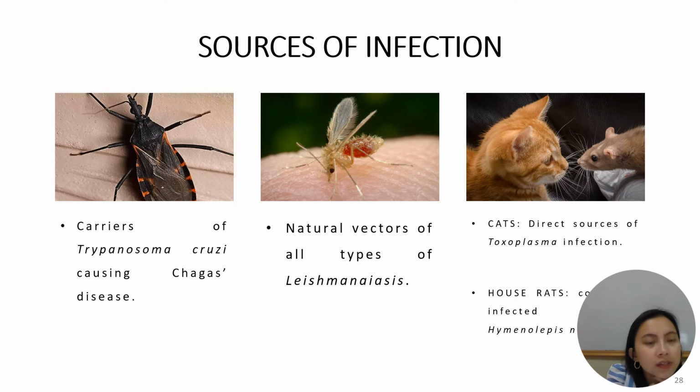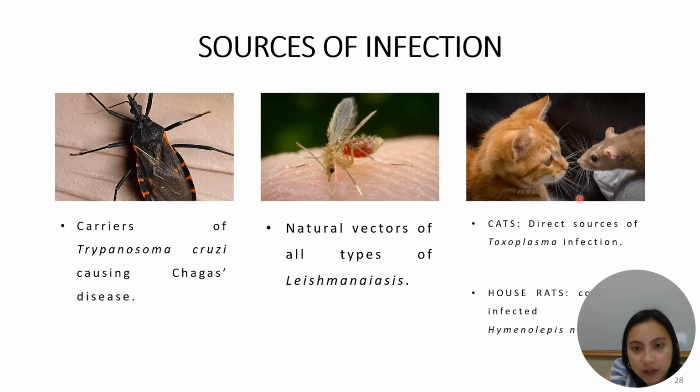All right, so some arthropods, class, are carriers of parasitic infections. And in this picture here, this is a triatoma bug, which is a carrier of Trypanosoma cruzi causing Chagas disease. This one at the center is a sandfly, and sandflies, class, are considered natural vectors of all types of leishmaniasis.